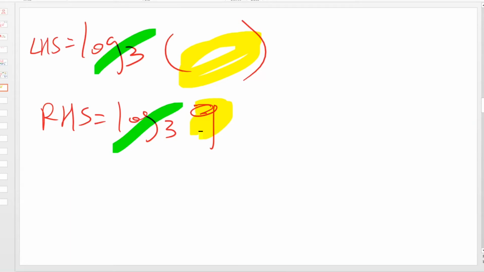3C. Also make the base the same for both sides. Yes, but you clearly see they don't have the same base, right? So basically you need to use the change of base formula so that you will end up with the same base on both sides.